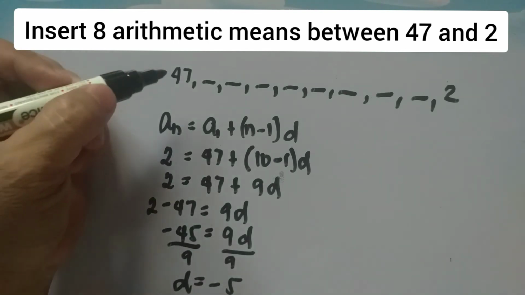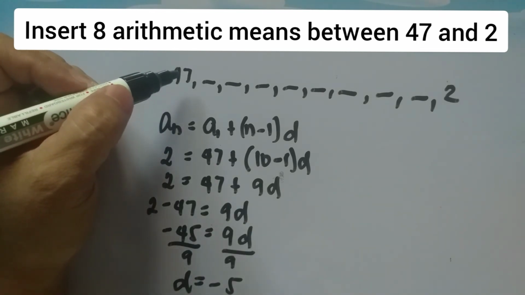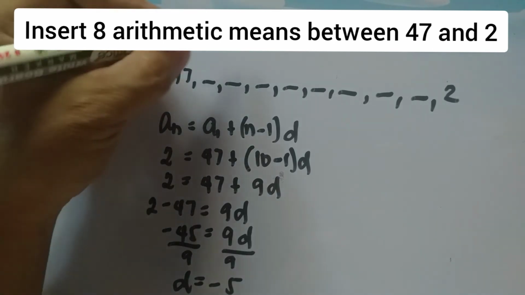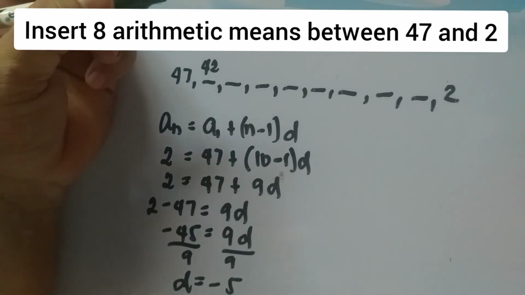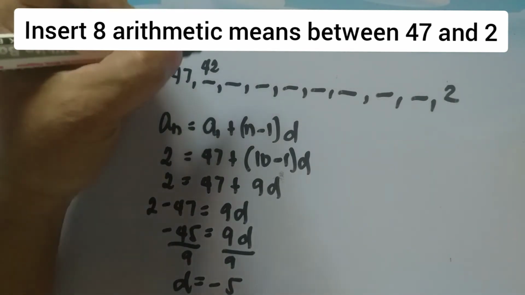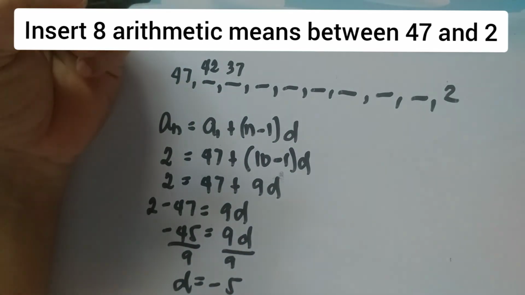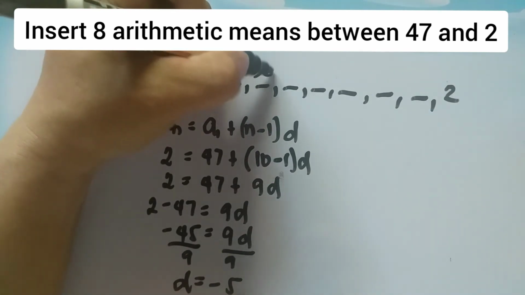Now we're going to add negative 5 to the first term, which is 47. So 47 plus negative 5 is 42. Then add again negative 5 to 42, we have 37. Then add again negative 5, 32.